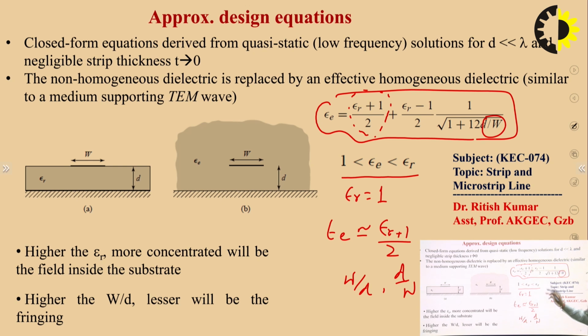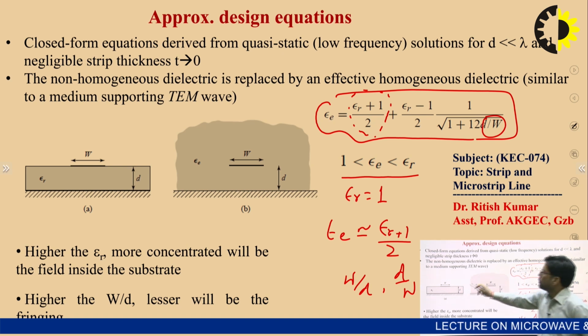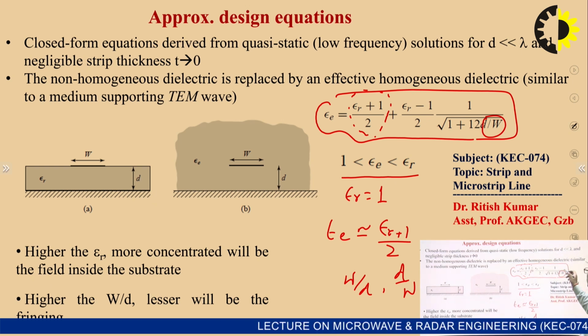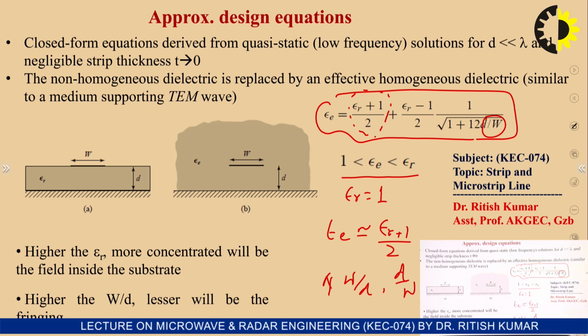So what are d and w? In the picture you can clearly see, this is d, the dielectric thickness of the medium, and w is the width of the strip. So effective relative permittivity depends on two parameters, w and d, or we can say the w by d ratio. If the w by d ratio increases, the fringing field will be lesser.